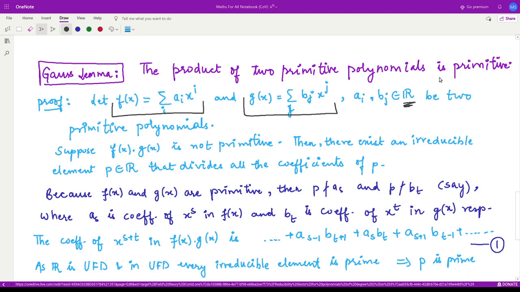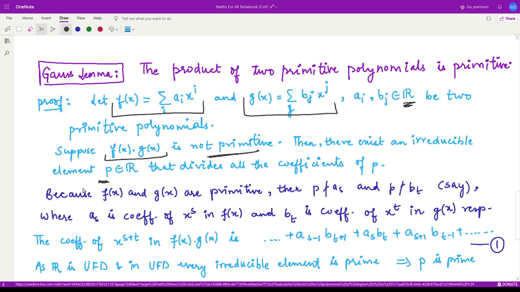So we will prove this by the method of contradiction. So we shall assume that, if possible, this product is not primitive. If it is not primitive, that means there exists some number p which divides all the coefficients of f(x) g(x), right?